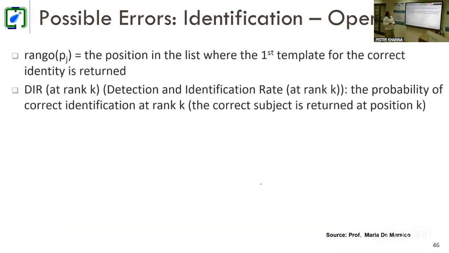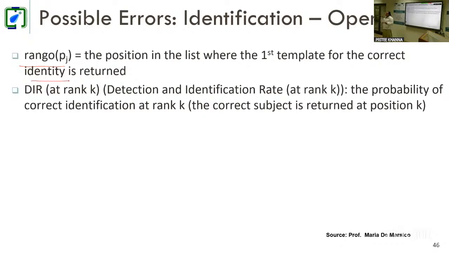Here you can see the rank, the position in the list where the first template for the correct identity is. Yes, remember the case when some are having a value more than the threshold. But if we are getting the correct one at the first place, that is one situation.